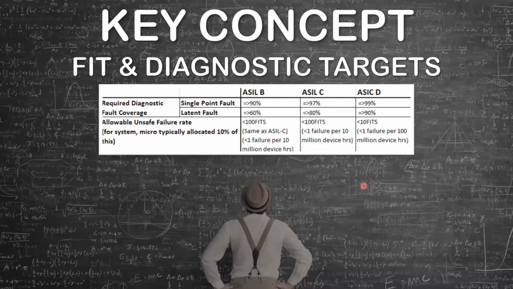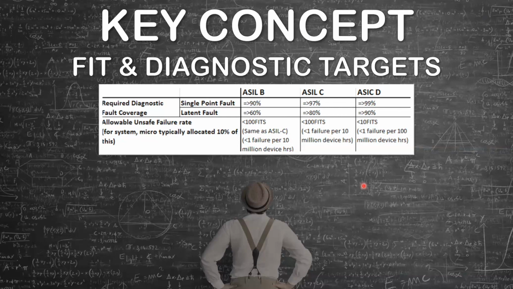So our key concept here is that FIT and diagnostic targets are defined for us in the standards, whether it's ISO 26262 or IEC 61508 for industrial. We have other terms that we use in industrial, like safe failure fraction or dangerous failure, but overall, really the same basic meaning. FIT rate, I didn't mention what FIT rate was.